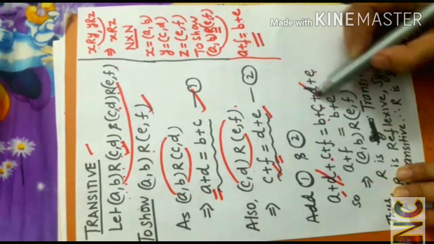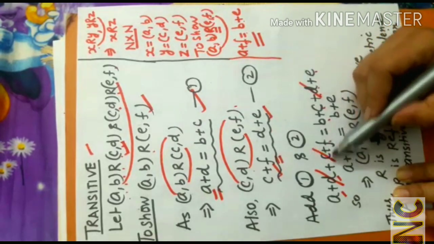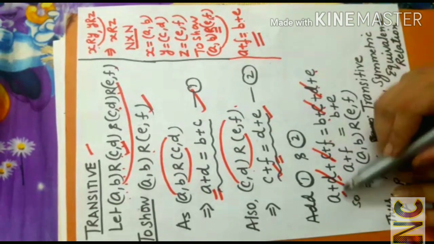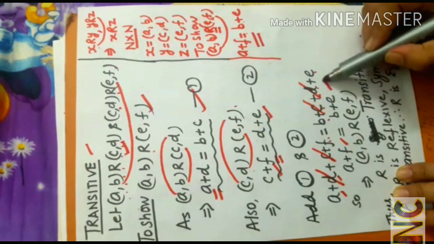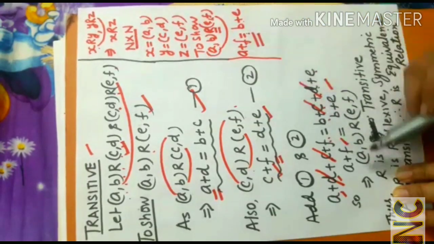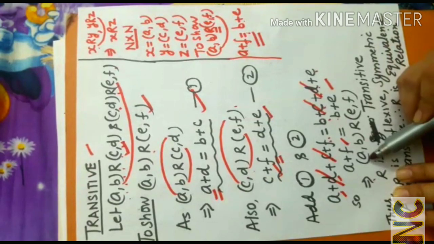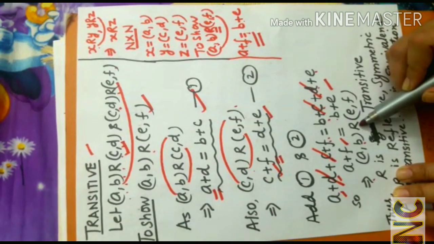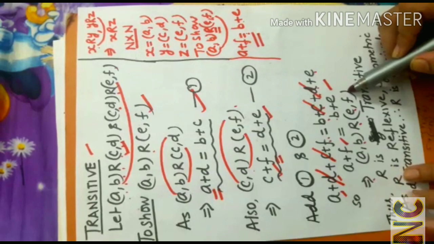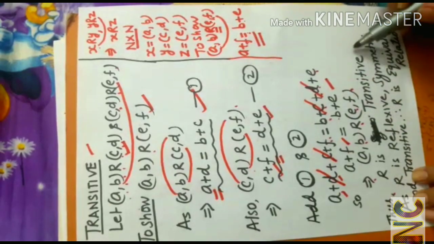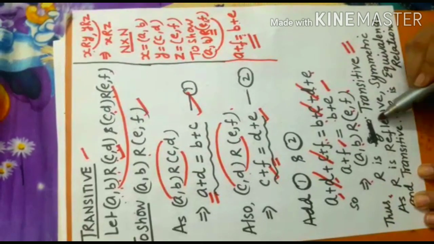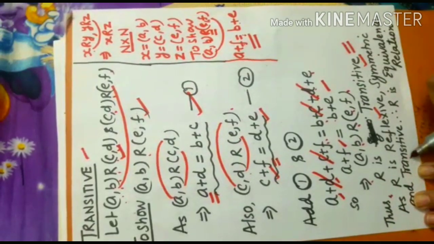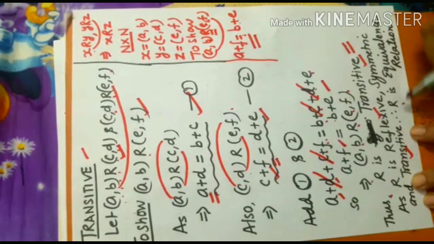So this d and this d will get cancelled out, c will get cancelled out, and you will get a plus f is equal to b plus e, same as this. So from here we can conclude that (a, b) is related to (e, f). Therefore R is transitive. So we have shown that R is reflexive, symmetric and transitive. Therefore R is an equivalence relation.